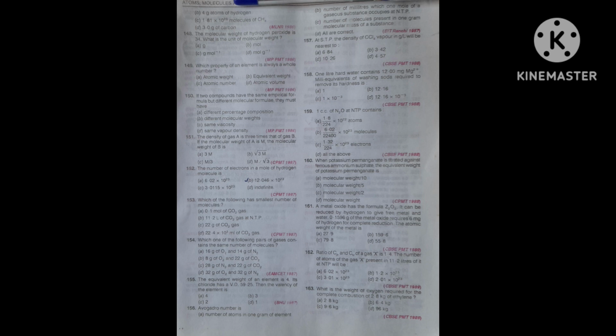The number of atoms of the gas X present in 11.2 liter of it at NTP will be: first option 6.02 into 10 to the power 23, second option 1.2 into 10 to the power 23, third option 3.01 into 10 to the power 23, fourth option 2.01 into 10 to the power 23. One more time I am reading the question.